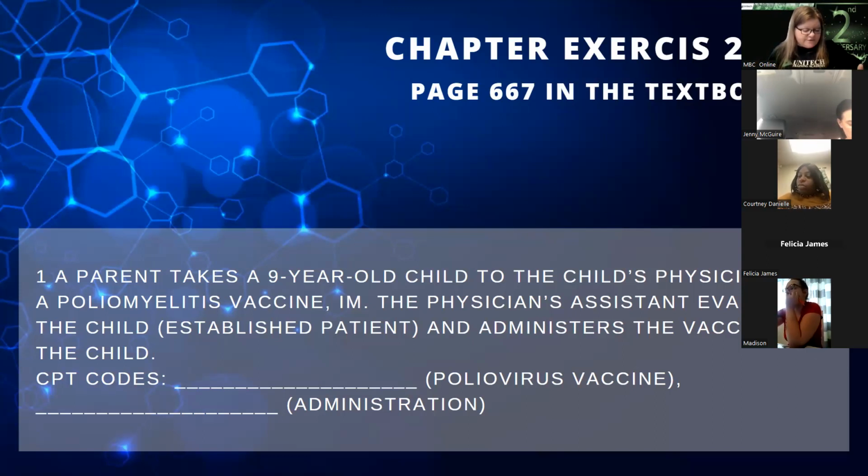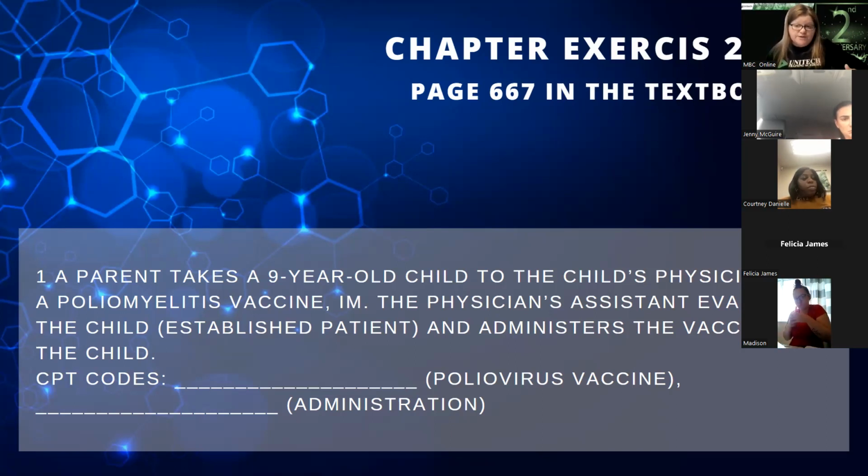And you see 90460, for those of y'all that are following along. Immunization administration through 18 years of age via any route with counseling by physician or other qualified healthcare professional, first or only component of each vaccine or toxoid administered. So when they say first or only component of each vaccine or toxoid administered, they mean you are only going to use that code for the first vaccine that is given.